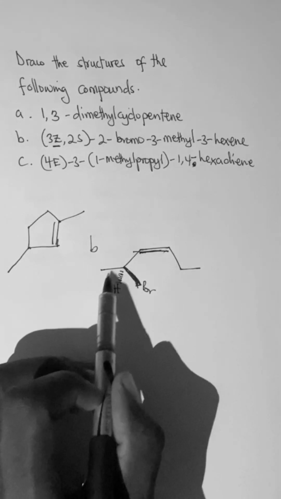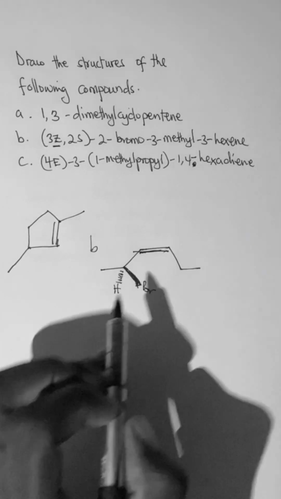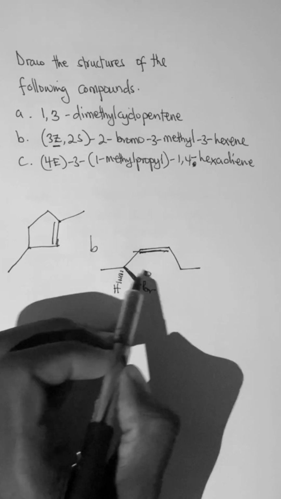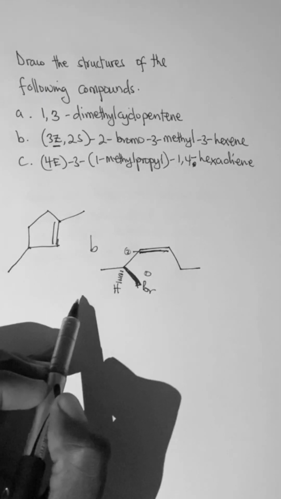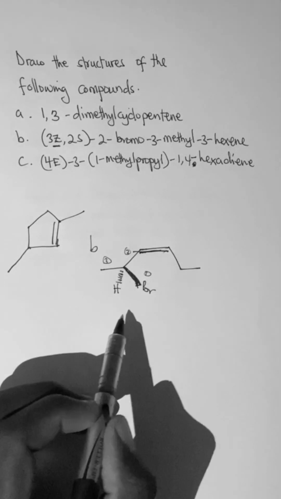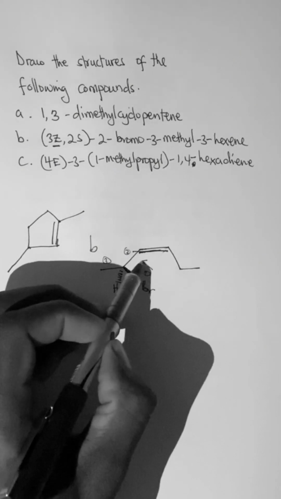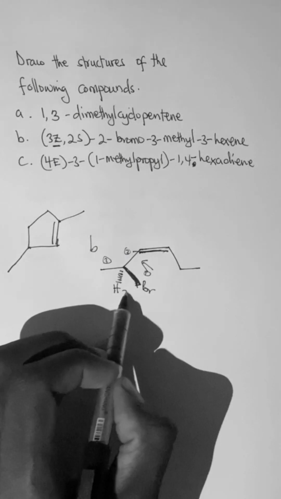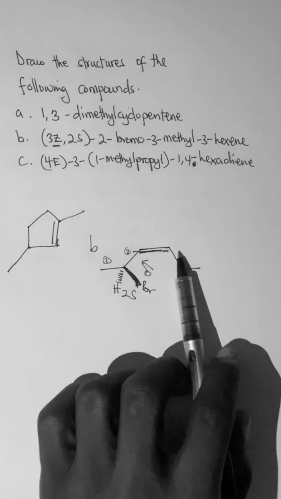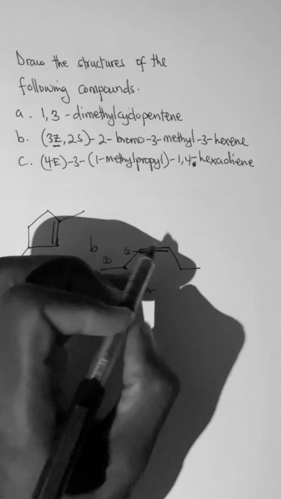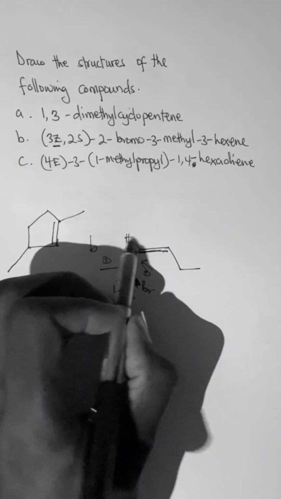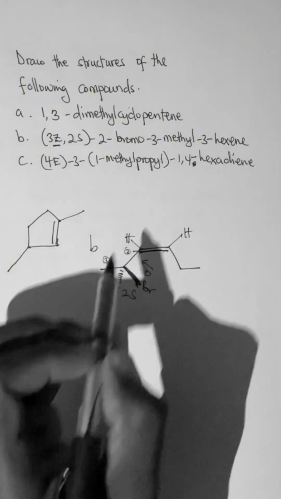Now, let's determine the configuration here. Here is 1, and then this is 2, and then this is 3, and the proton is at the back. So it's going in the anticlockwise direction, so this is a 2S. Now let's determine the stereochemistry of the double bond. As you can see, there are protons here and also a proton here.